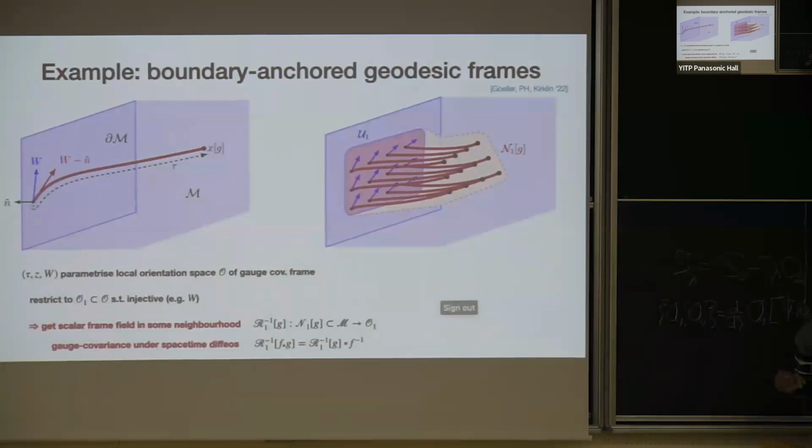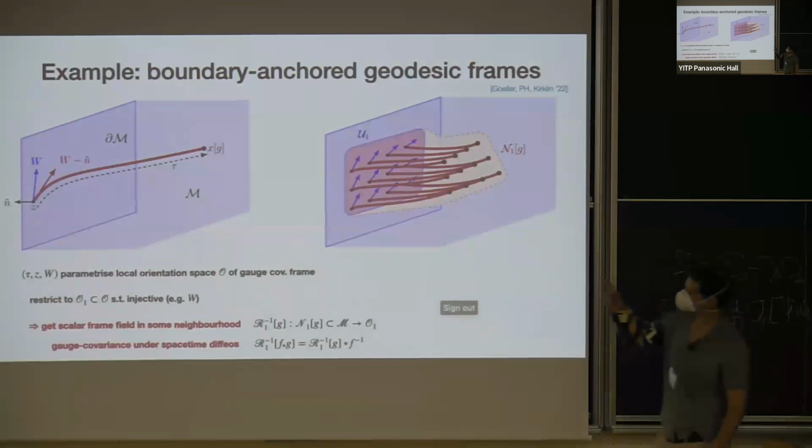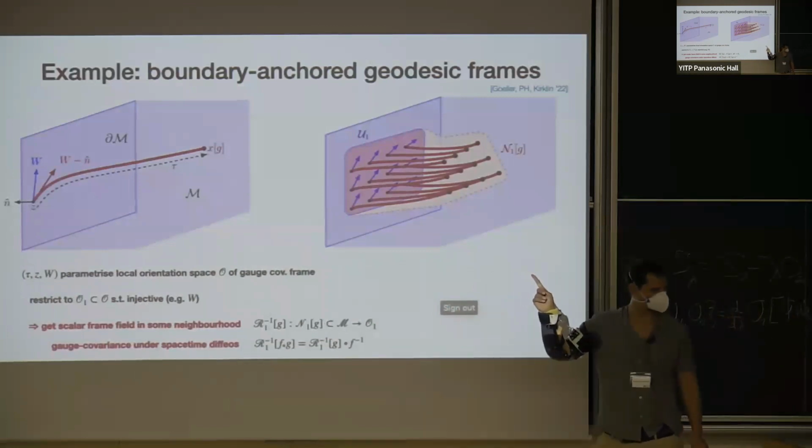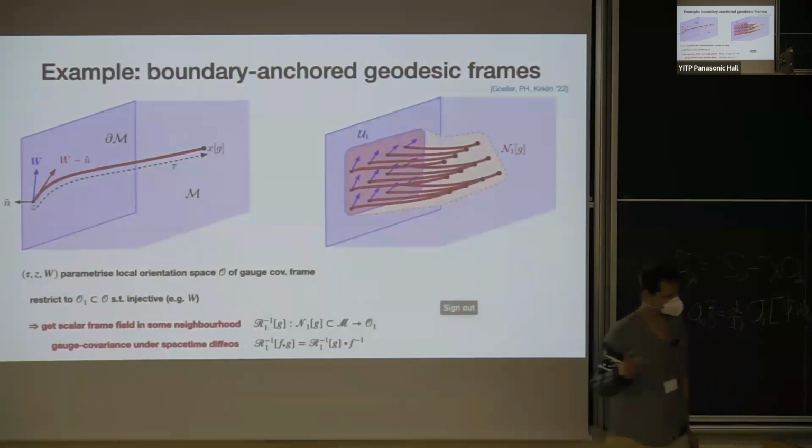Then that of course gives you a point in the bulk. And in that case, phi is just the metric if it's in vacuum GR. That is an example where you get something like this. And you can show that this transforms in exactly the way that you want.